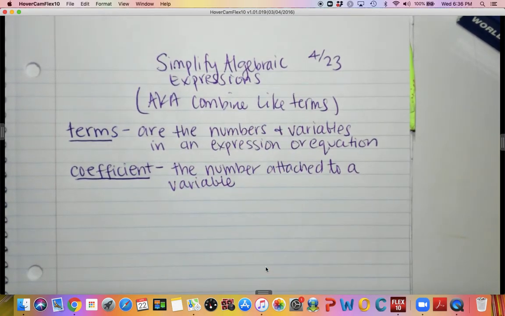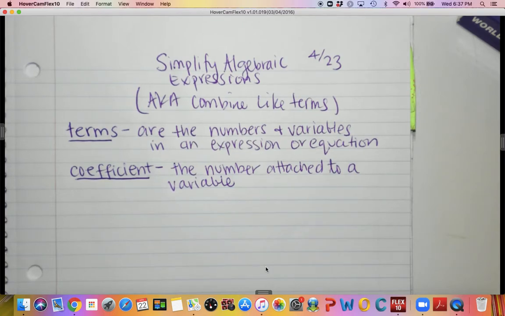And that number goes with the variable. They go together. They're attached. It's like they're married until we figure out what it means. And that's really important to know, because when we simplify or combine like terms, that number goes with that variable. It counts. It means we have, like, if it's 5A, that means we have 5 A's.